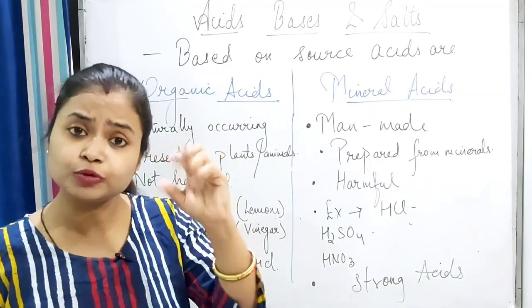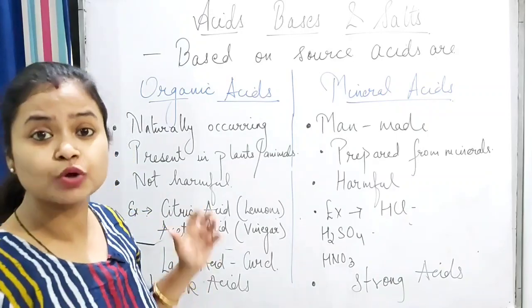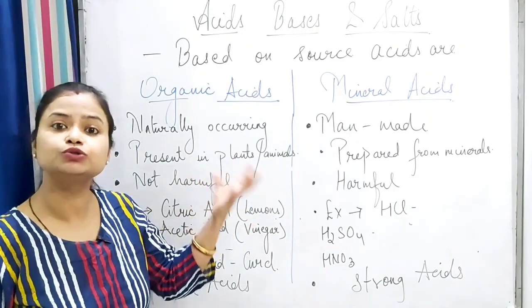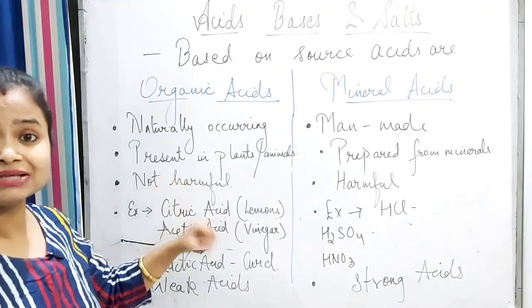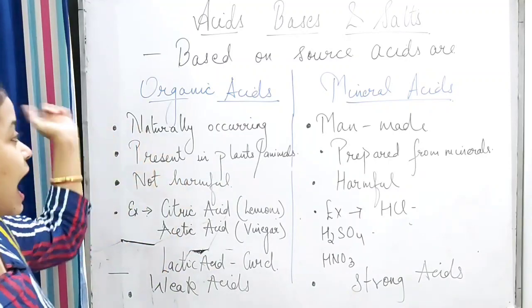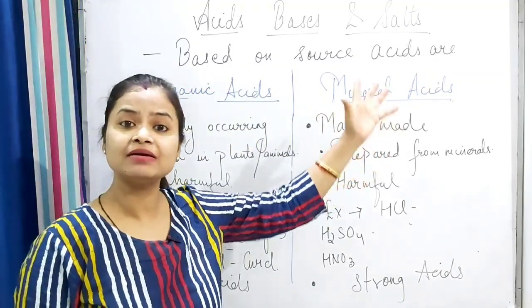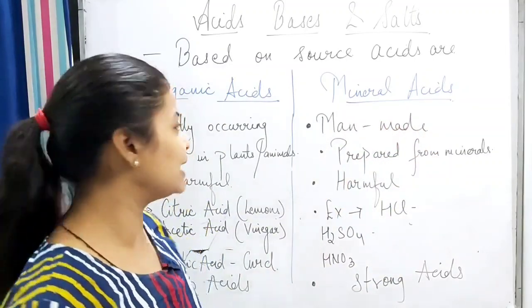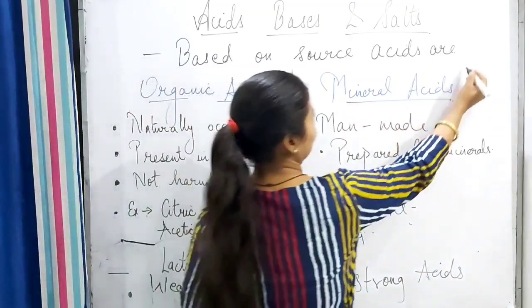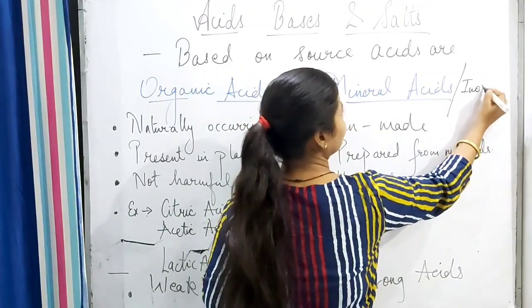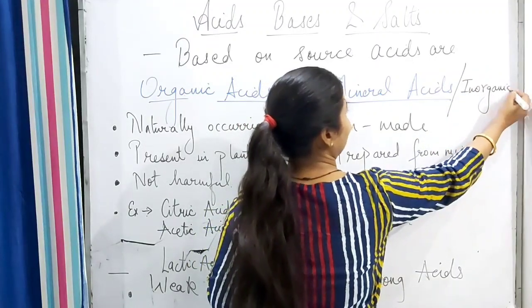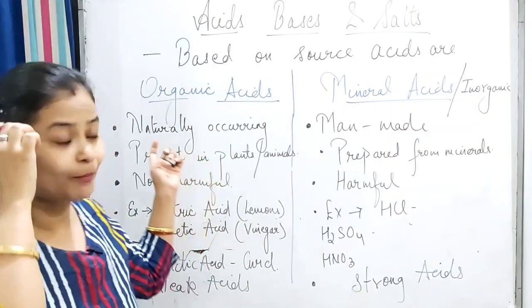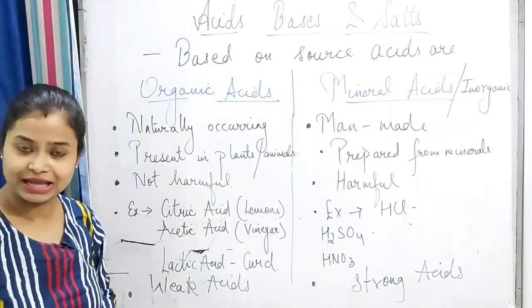So acids are of two types on the basis of the sources: one is organic acid and the second one is mineral acid. Mineral acid can also be called inorganic acid.